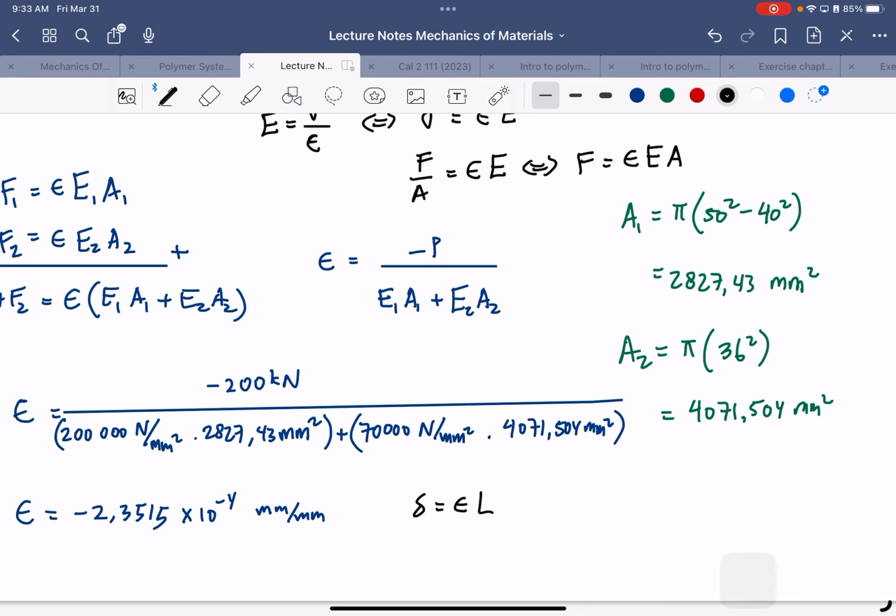So multiply with negative 2.3515 times 10 to the minus 4 by 0.5 meter. This is 1.175 meter.